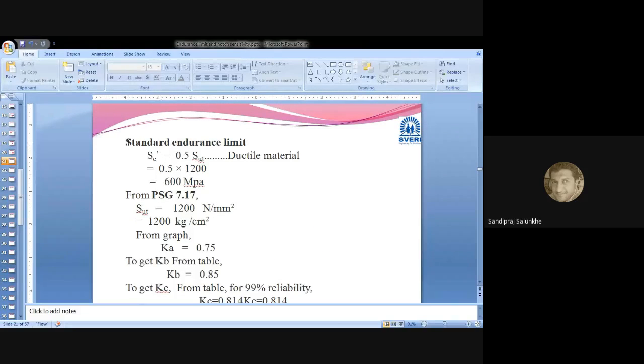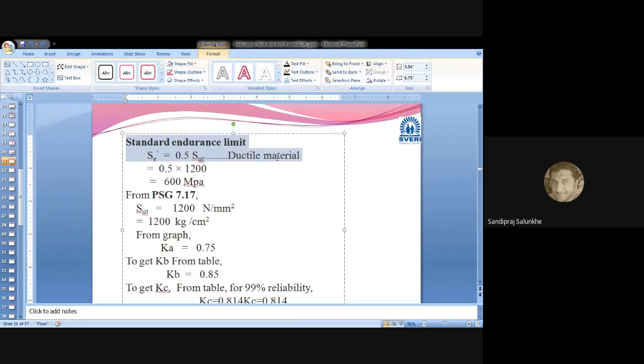Now, the endurance limit by calculation or by experiment has not been given anywhere in the problem statement. That's why we are going to use the standard endurance limit formula, and that is sigma E dash equals 0.5 of the ultimate tensile stress, for ductile material.